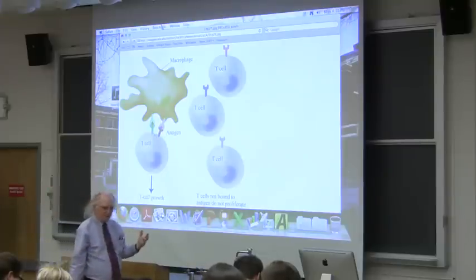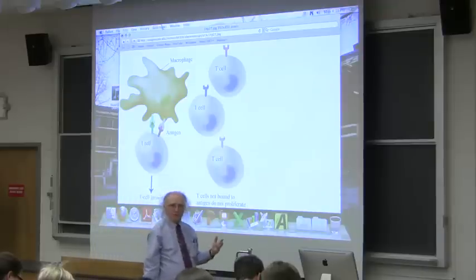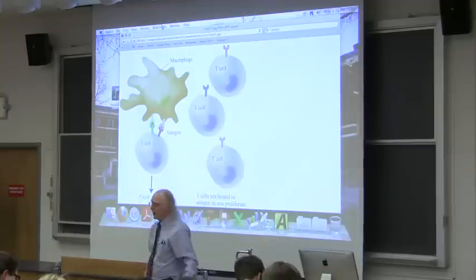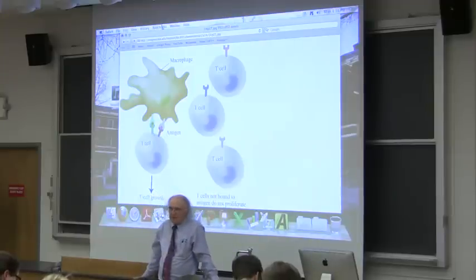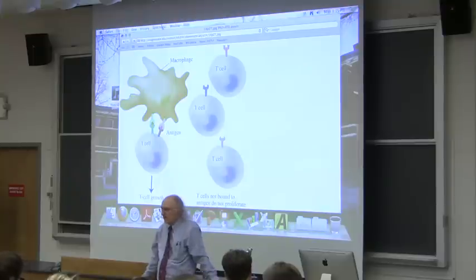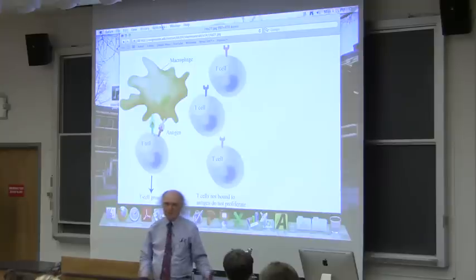Now, if that's the case, we have what's called a polyclonal antibody. And our immune system makes polyclonal antibodies. That is, it makes many different antibodies, all of which recognize the same antigen, but different parts of it, different structures within that antigen. We've got plenty of antibodies because remember, we can make 1 trillion of them.